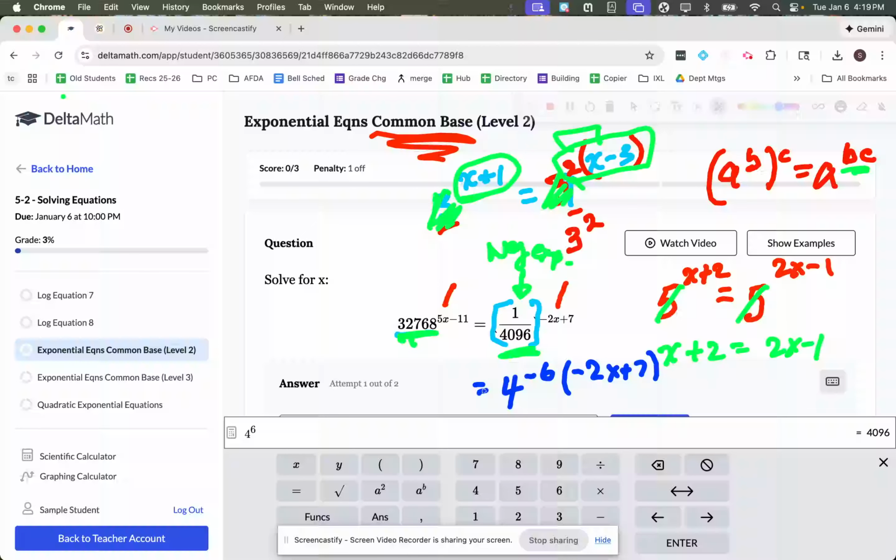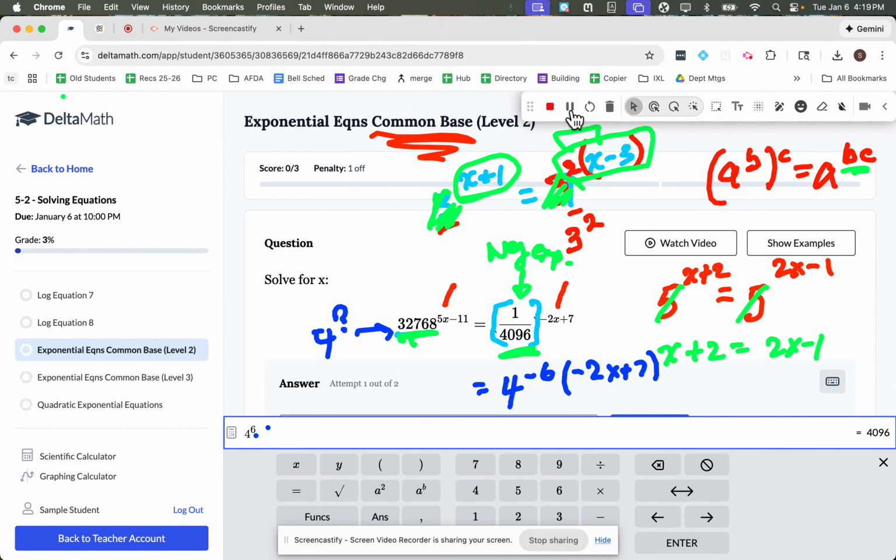Okay, now that I have 1, I know the way these problems are set up. 4 is the base of this. There's some exponent that's going to take you there. So you just have to play with it. 4 to the, let's see, how about 9?